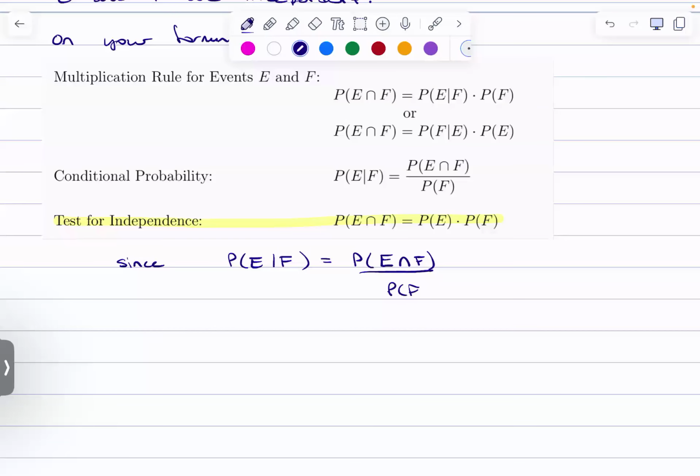And we want to find, are the events colorblind and male independent? And so what we want to do, and maybe I do need to put these on the next page here. Fine.